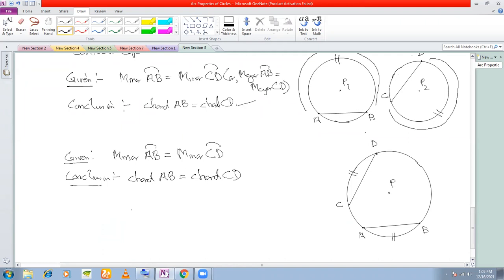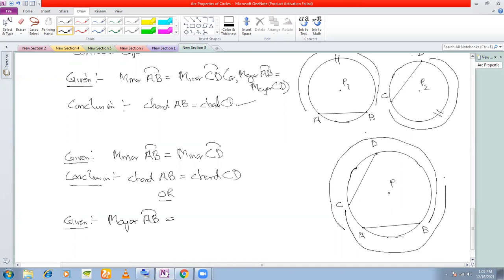Okay. Not only that, but I could give you major arc also. Instead of giving you minor arcs equal, I could give you major arcs equal. What is the major arc cut off by AB? This is the major arc, right? Cut off by AB, right? Major arc AB is equal to, and what is the major arc of CD?